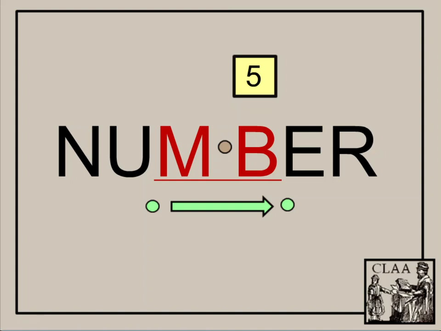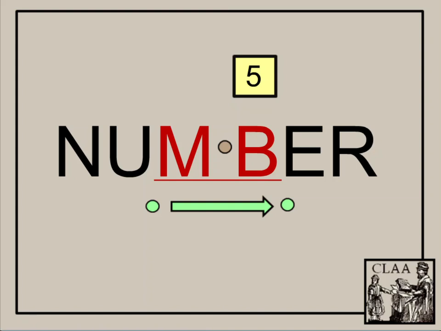However, the letter M is a part of the first syllable, and the letter B is a part of the second syllable. This is not a digraph. In this word, the M and the B both make their normal sounds.